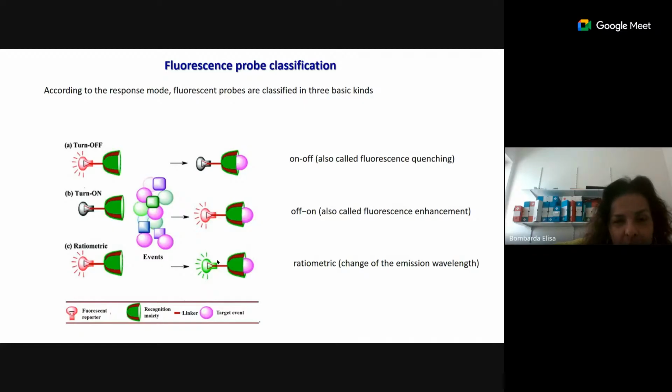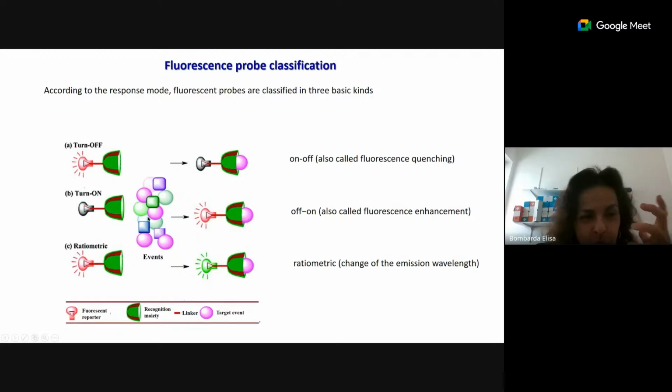Okay, so then the classification of fluorescence probes. Here, very schematically, in the middle is the event that you want to study. That can be an analyte, or it can be a mechanism, so that is more abstract, and you have your probe, you see, with the sensing unit and the targeting unit.